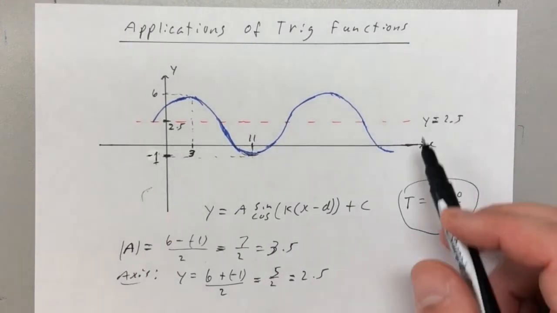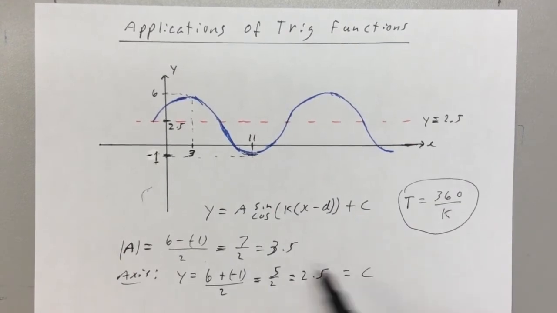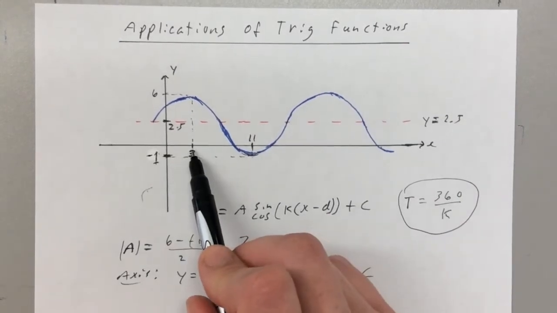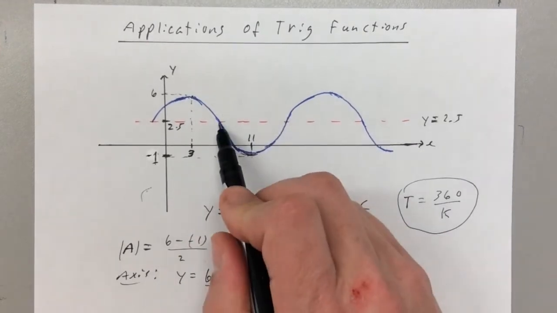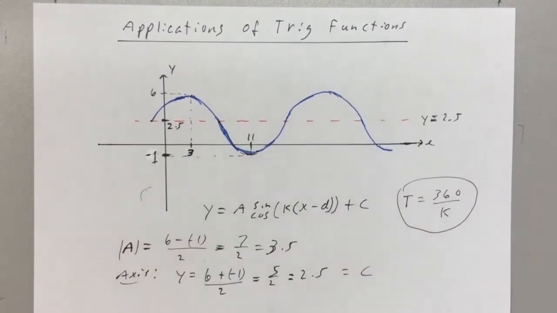And so now we've got this equals the c value, and we can look at this function and say, okay, the starting point of, say, a cos function is here. The starting point of a sine function could be here for negative sine because it goes down, or here for positive sine.